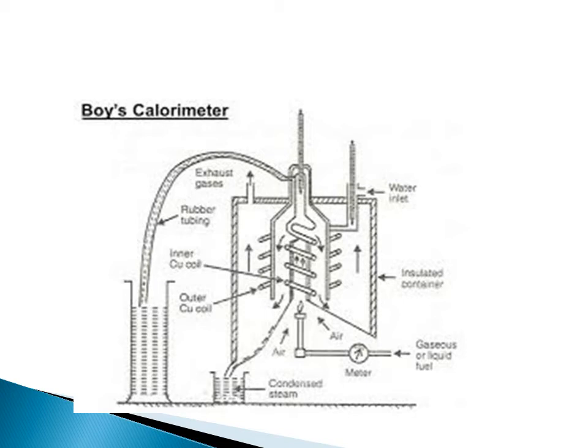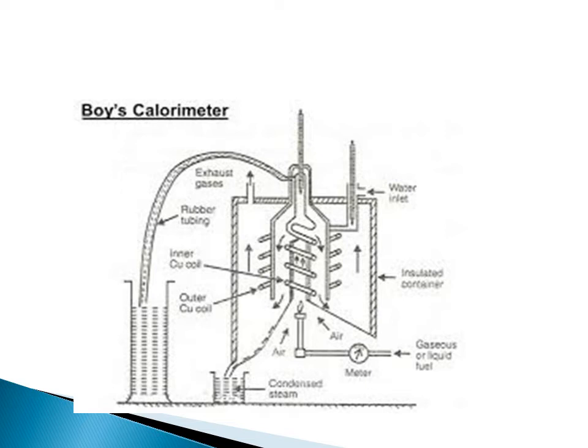One more assembly is there that I didn't explain in the previous slide. The products that form are H2O and CO2. That H2O we have to condense in terms of water. So a small container is there, where we collect the condensed steam.